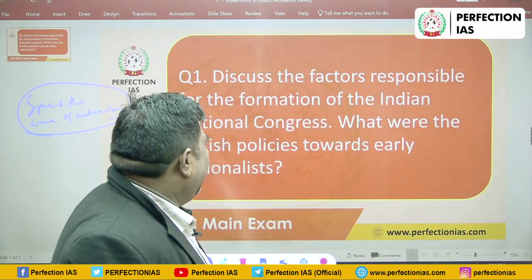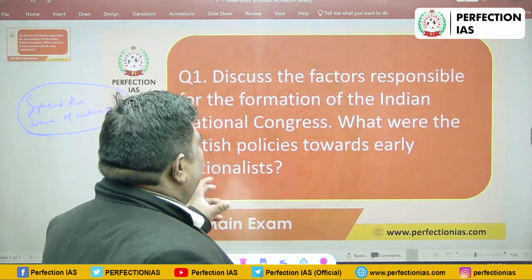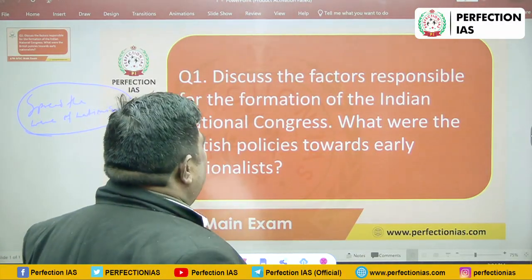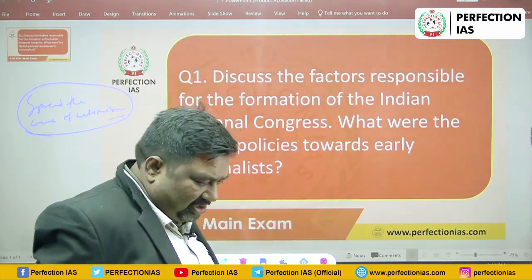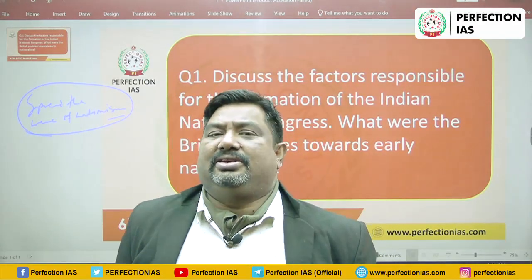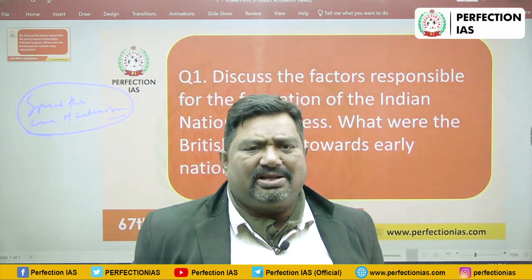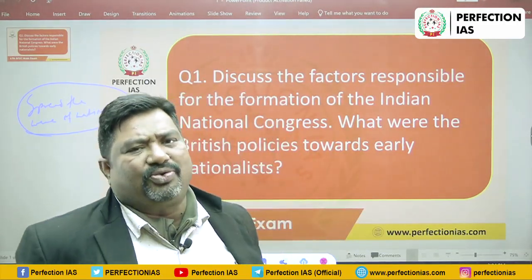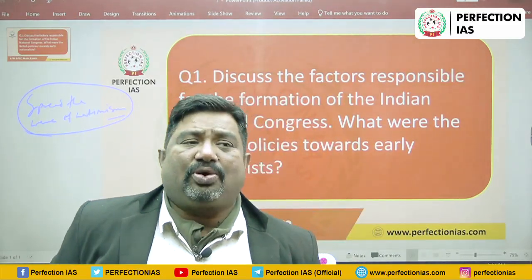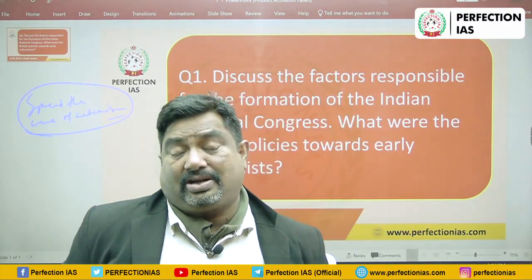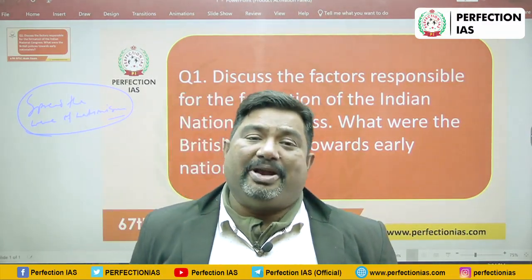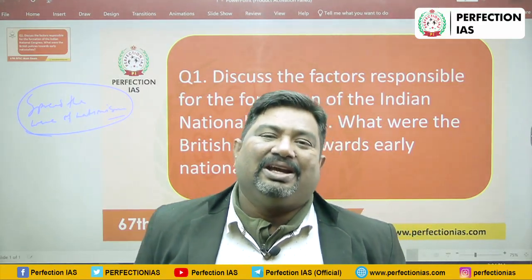But the point is, okay, these could have been the limitations, but what were the British policies toward the early nationalists? If you look at the early nationalists, from 1885 when the Congress was established until 1905, that is the phase of the early nationalists. In that period, the British were also quite liberal towards the Indians. In the Act of 1892, many of the demands of the Indian National Congress were accommodated.